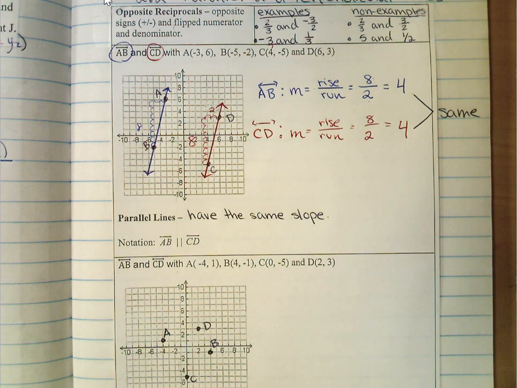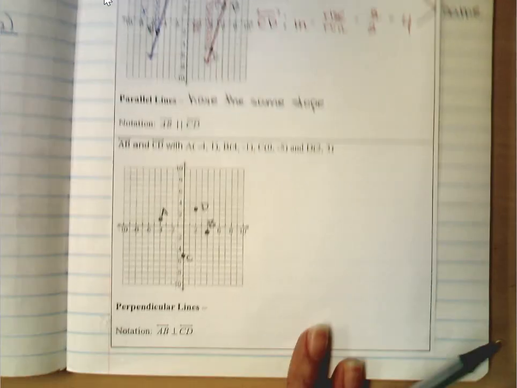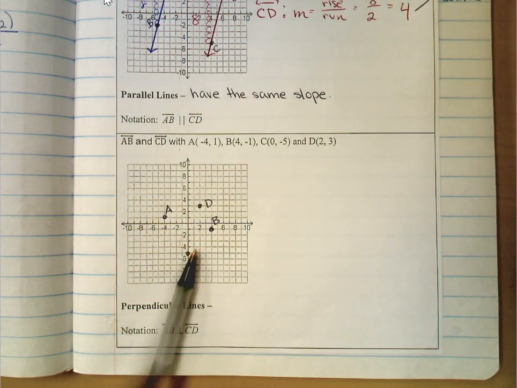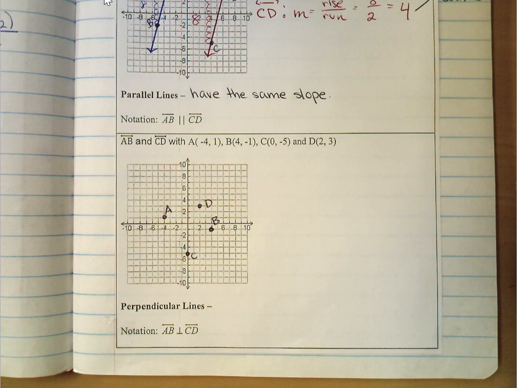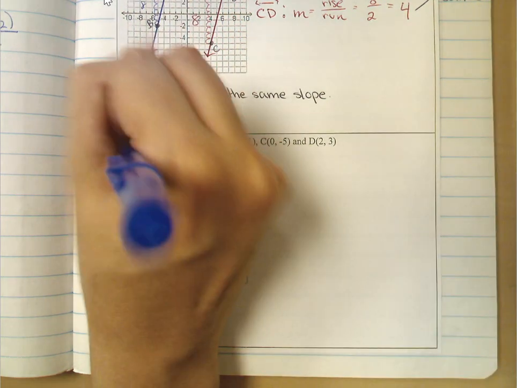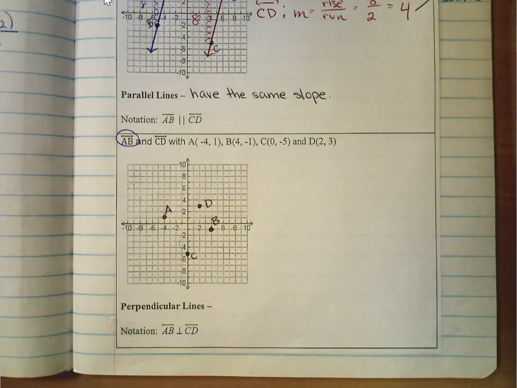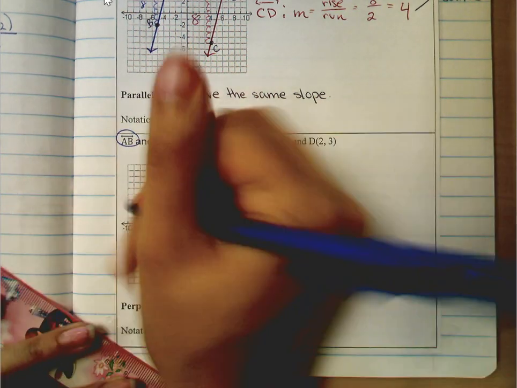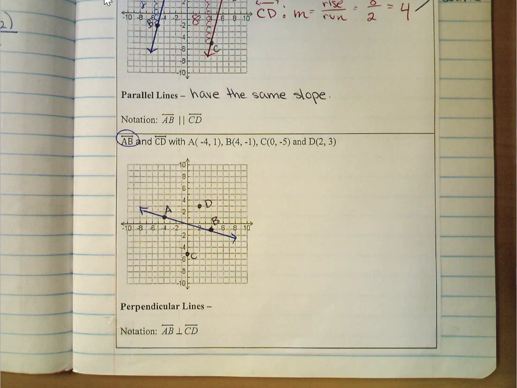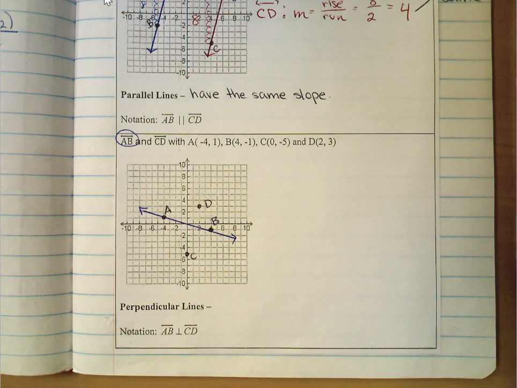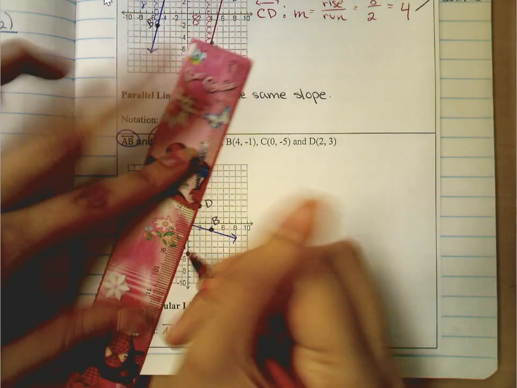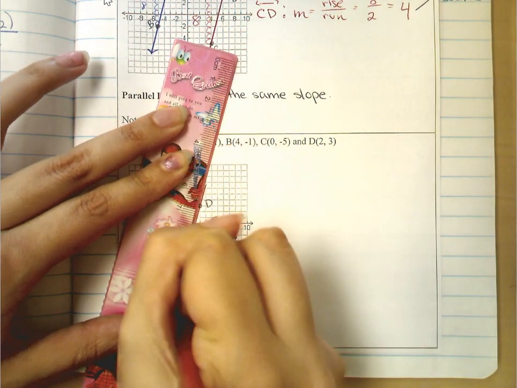I'm going to do the same thing on the second graph. On the second graph, again, they already gave me the points, and I already plotted them on the graph. So again, they're giving me line AB, so I'm going to connect those 2 points, A and B. And then they gave me line CD, so I'm going to connect C and D, and I have two different lines.